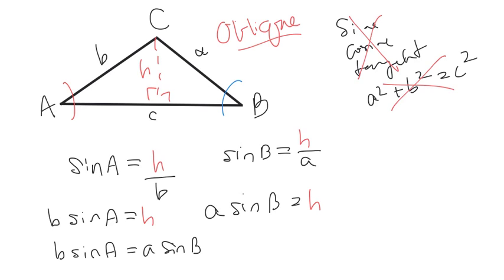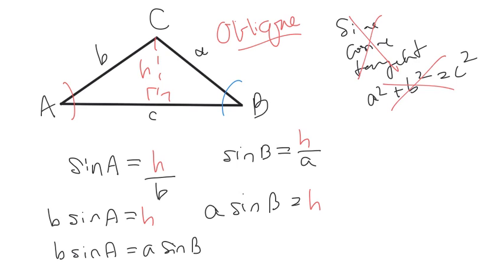All right? And then the last thing that I'm going to do is, so this is technically fine, but the way that the sine law is often cast is in terms of ratios.